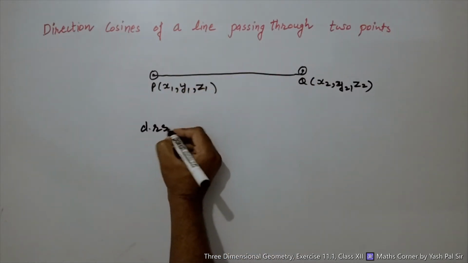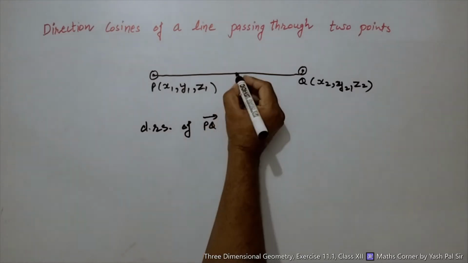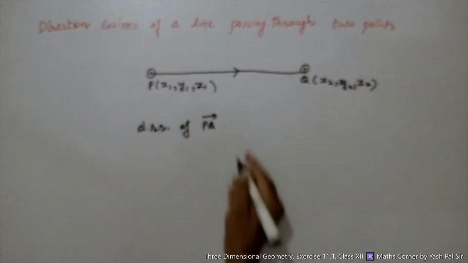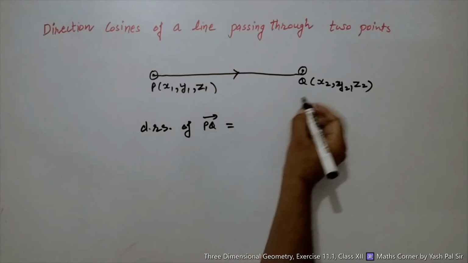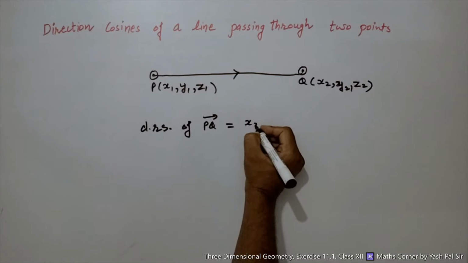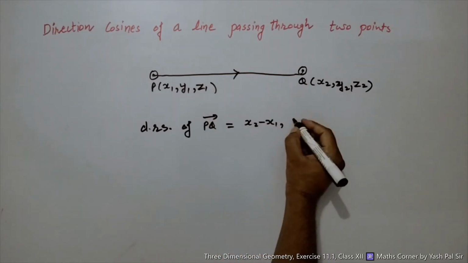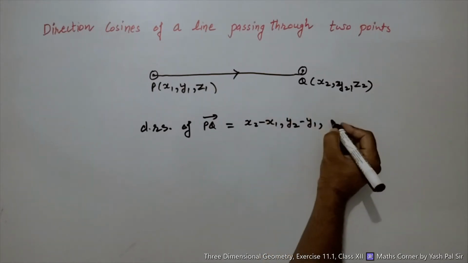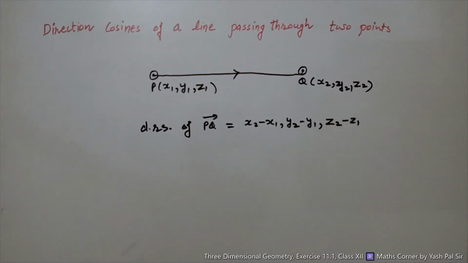Direction ratios of vector PQ, direction is given, magnitude of PQ is also given. So this is a vector. Direction ratios are obtained this way: x2 minus x1, y2 minus y1, z2 minus z1, right?